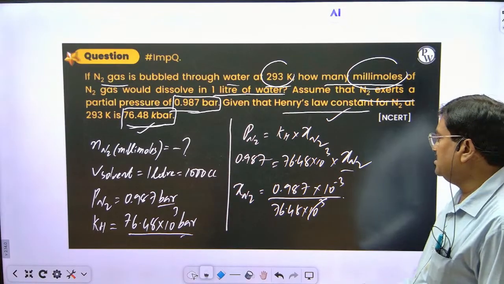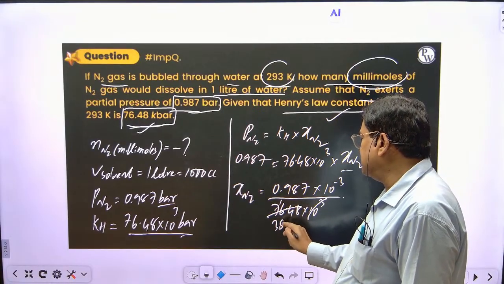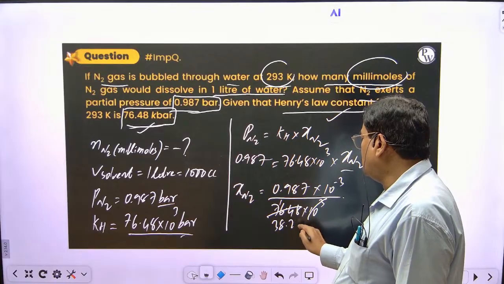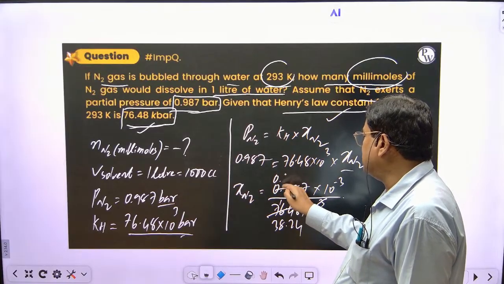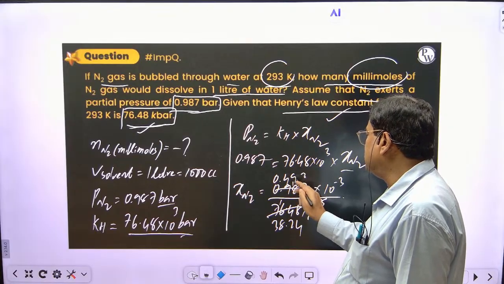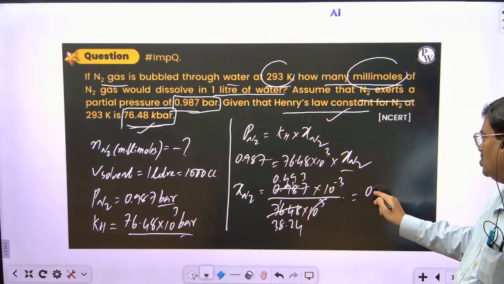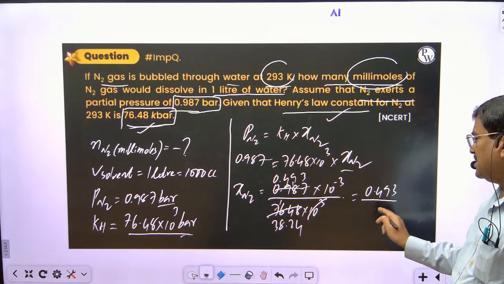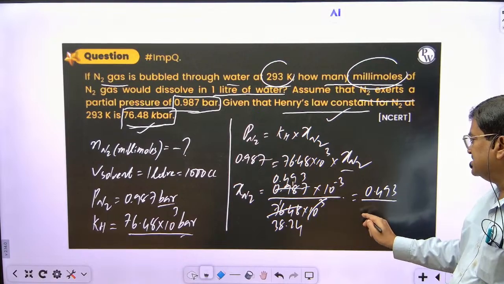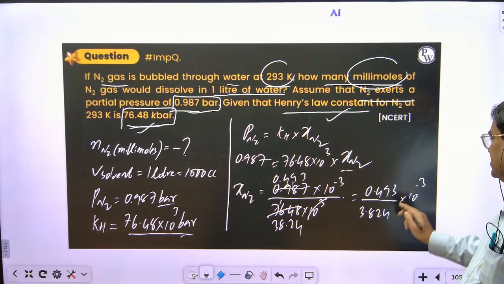Now you cancel the multiples: 2 3s are 6, 2 8s are 16, 2 4s are 8, 2 9s are 18, 2 3s are 6. So for simplicity I make it 0.493, putting the decimal after one digit. See student, for my convenience, roughly I am taking 10 power minus 3.